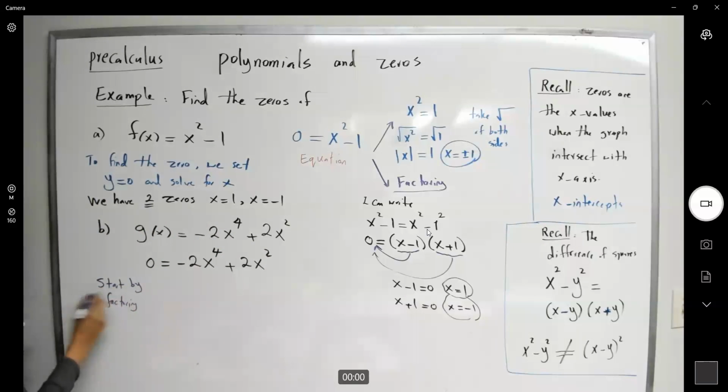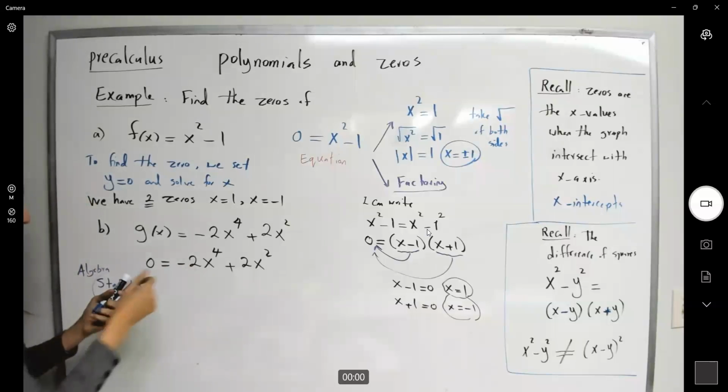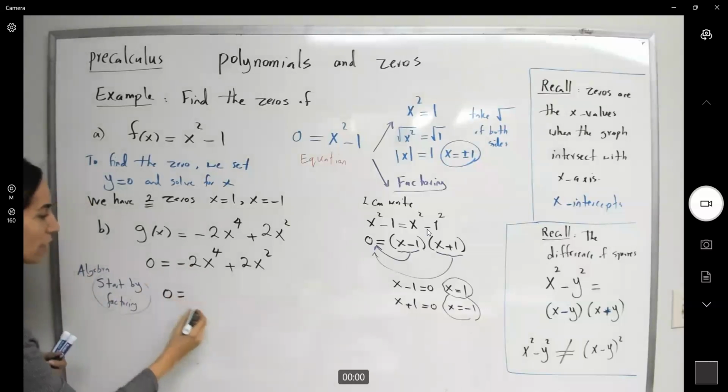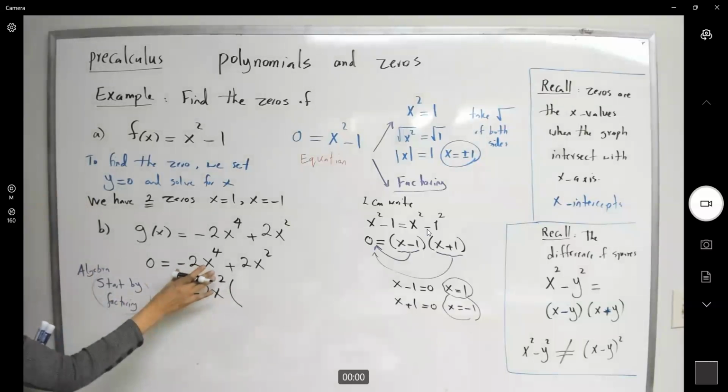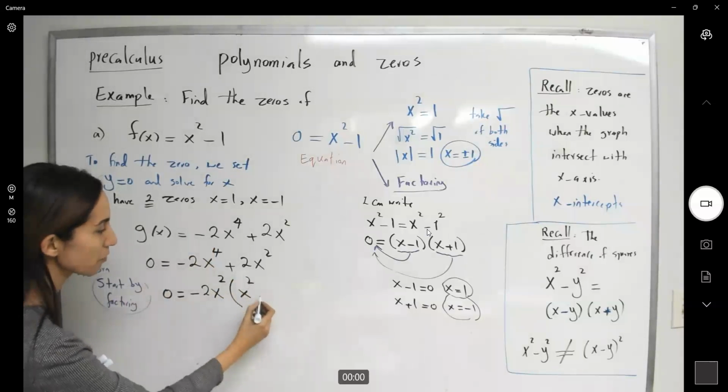From algebra, so this is the algebra part. We can factor out negative 2x squared. So 0 is on the left-hand side, and negative 2x squared is factored from the first term, so you're left with x to the second.